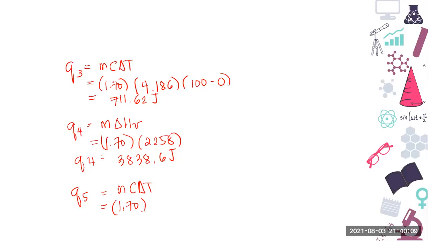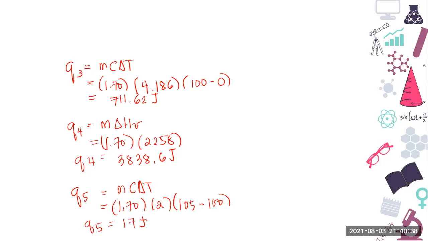For C here, you're using the C of steam, which is 2. And then delta T is 105 minus 100, because at this stage it's already at 100. All you have to do is bring it to the final temperature of 105 degrees. So your Q5 here is 17 joules.